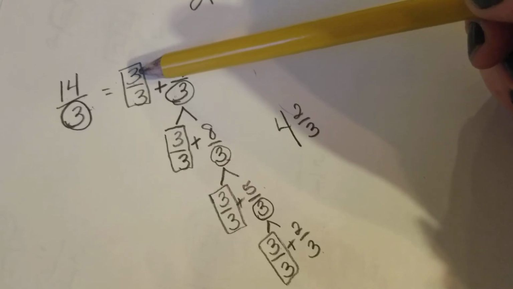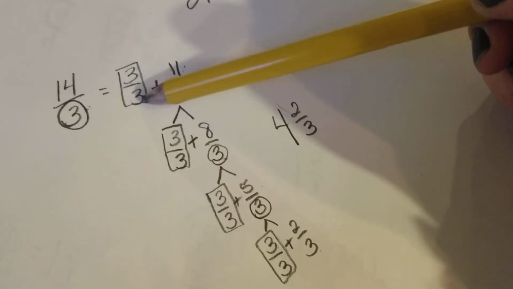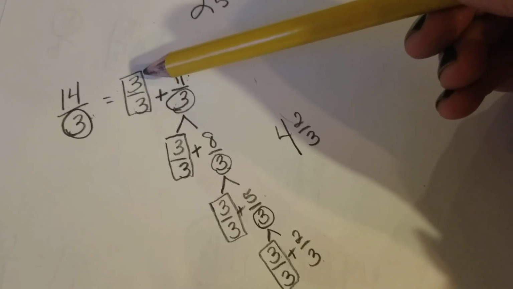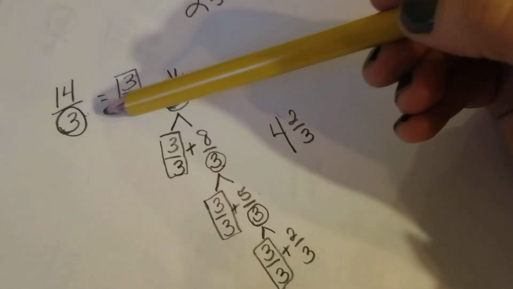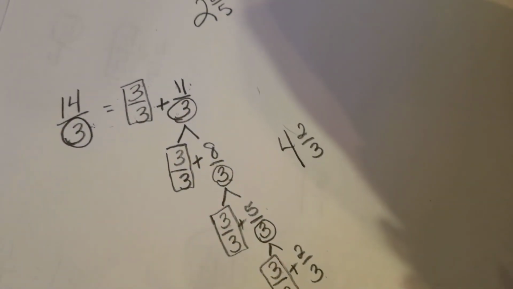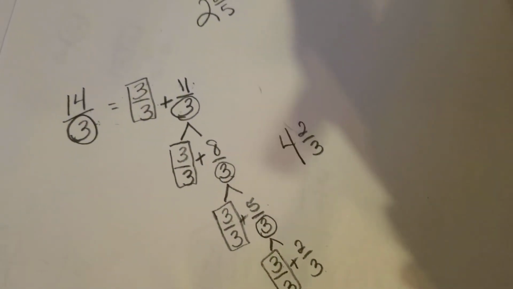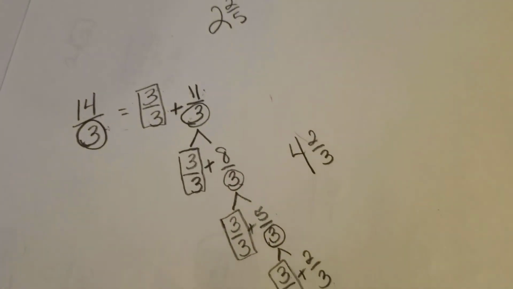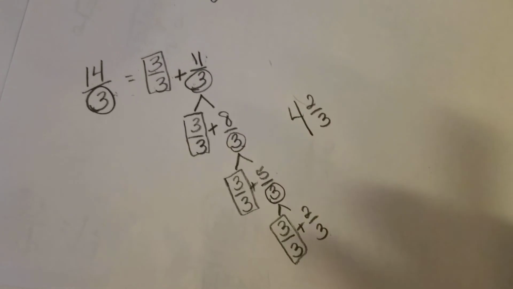So you would just create a fancy form of one. I call it an FFU. Fancy form of one, by putting the same numerator over the denominator based on what your denominator is in your original improper fraction. Hope this helps. This is just one strategy. There'll be another video that shows a different strategy if this is not the one that you choose to use.